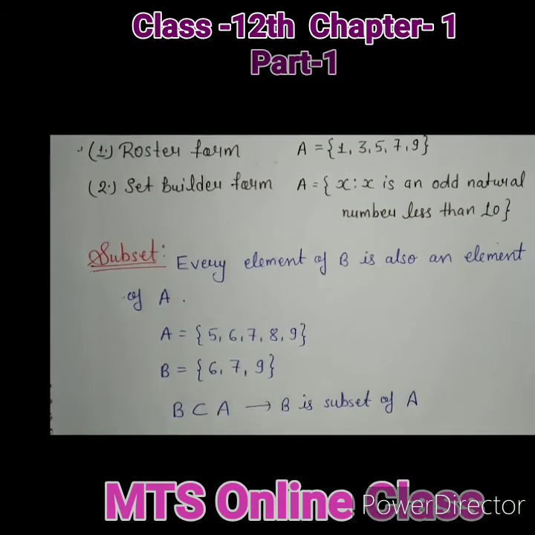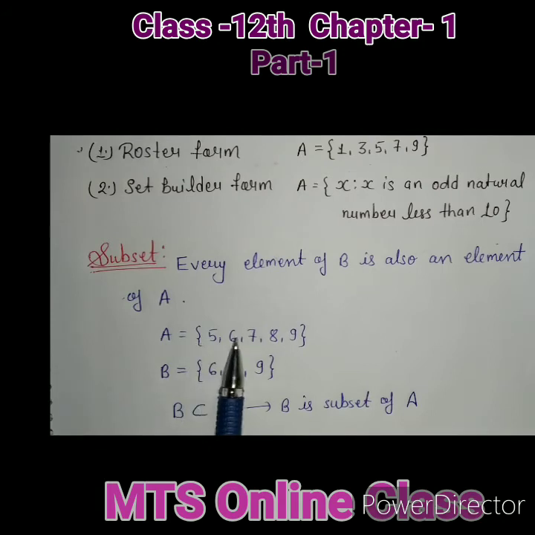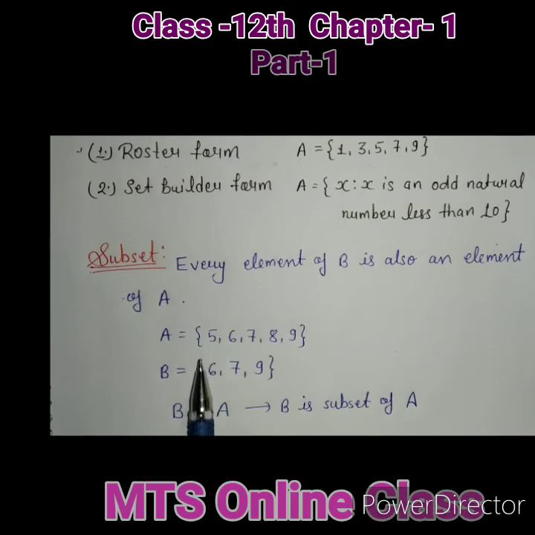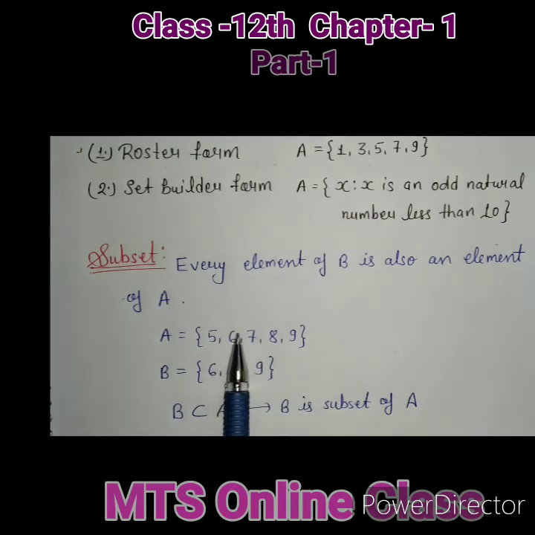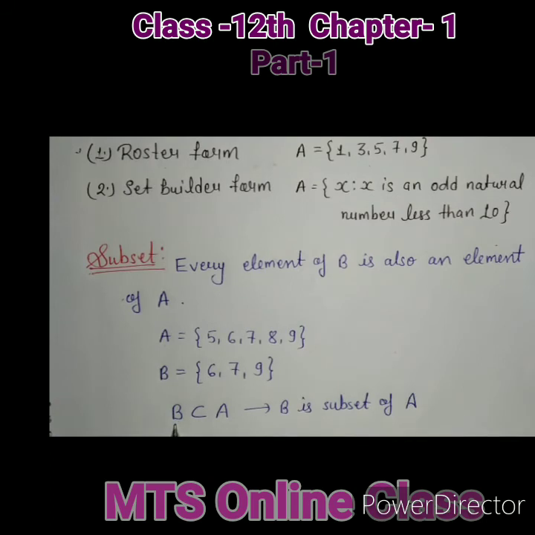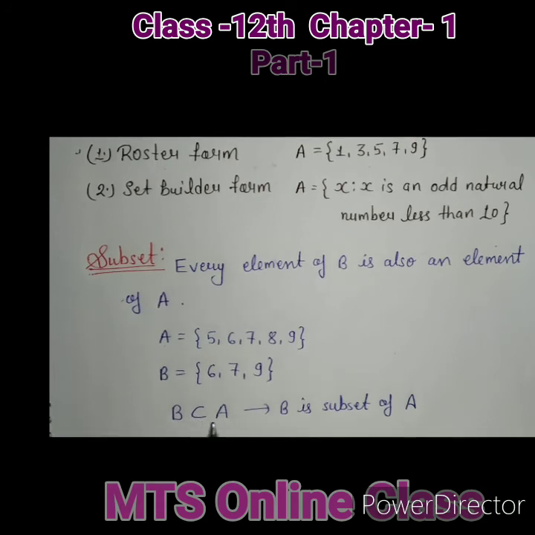Every element of B is also an element of A. Here you see 5, 6, 7, 8, 9 are in A, but in set B, 6 is here and here, 7 here and here, 9 here and here. So we can say B is a subset of set A, and symbolically we represent it as B ⊂ A.